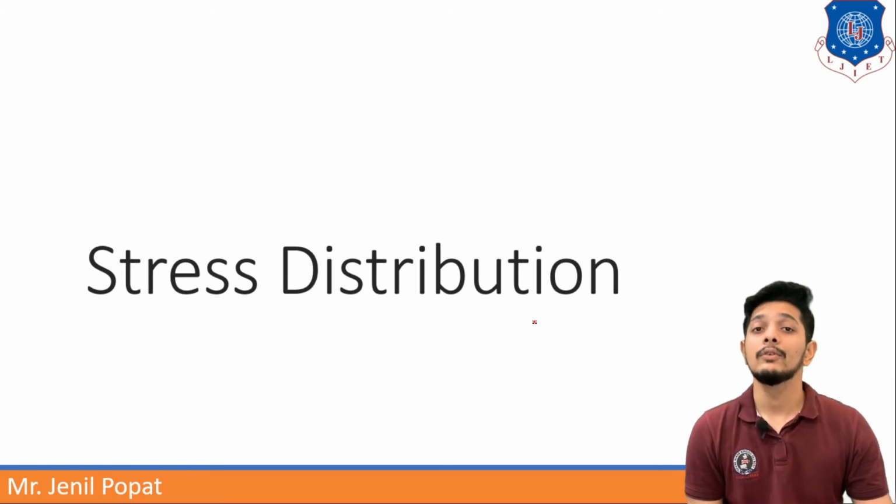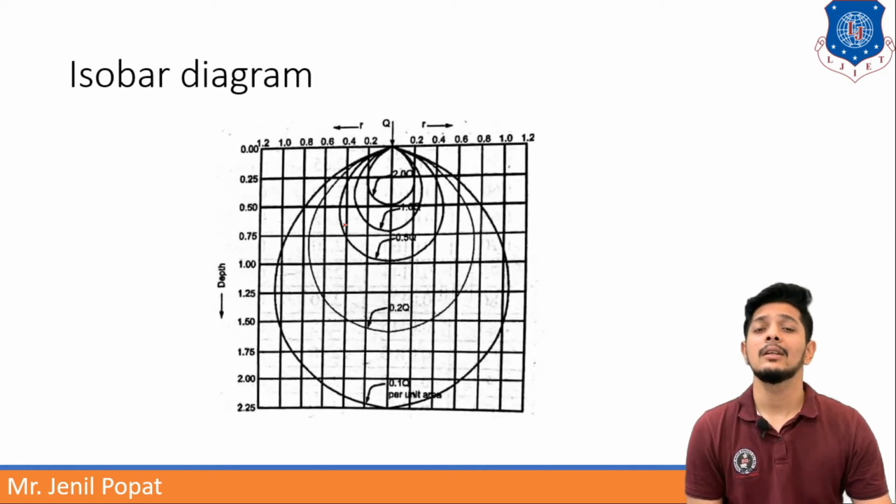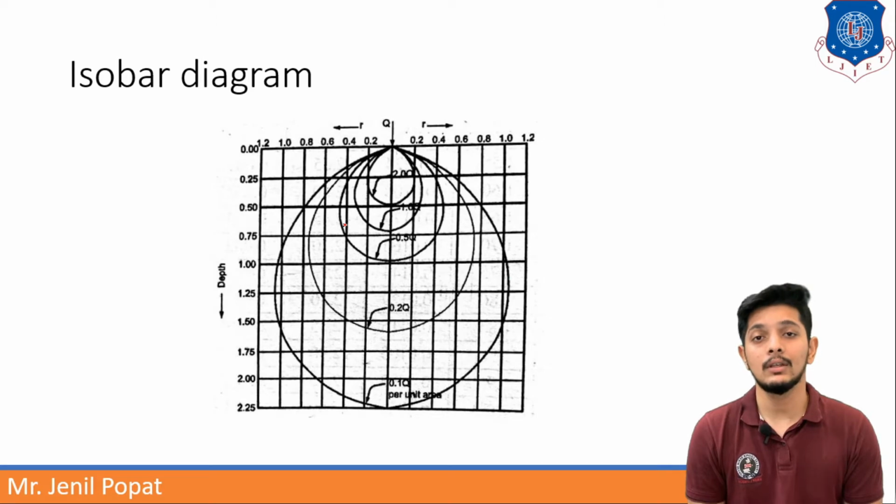Let us start with the isobar diagram. An isobar diagram is a basic curve which connects all the points below the earth surface that have the same vertical pressure. In other words, it is a contour of points having the same vertical stress.